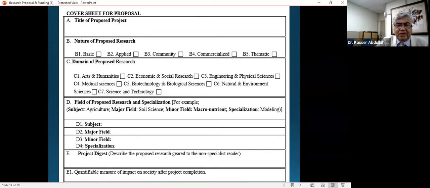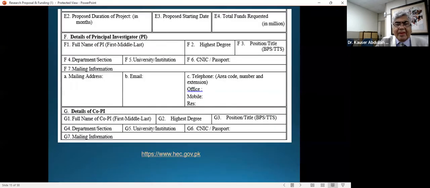So this is an example also: for example, if agriculture is the subject, then the major field is soil science, the minor field is macronutrient, and the specialization is modeling. This kind of information is essential for HEC, you see. These are again details of the principal investigator, etc.